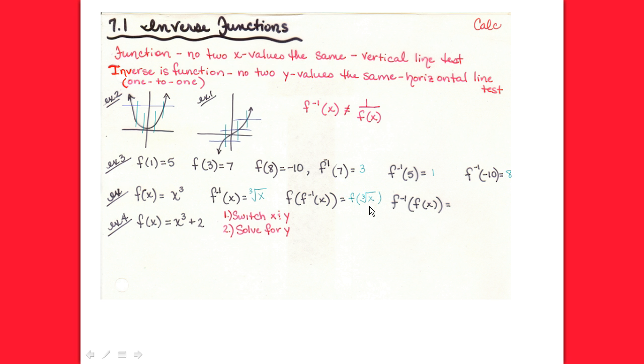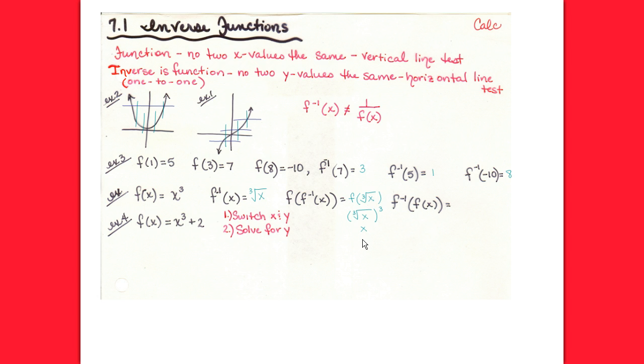What does that tell me to do? Plug in the cube root of x. Put in the cube root of x in the place of x, right, in the f function. So if I come over here to my original f function, I'm going to put the cube root of x right there in the place of x. So that would be the cube root of x cubed. So that's what we're going to have over here, the cube root of x cubed. And of course, the cube root and the cube cancel each other out and just give me x.